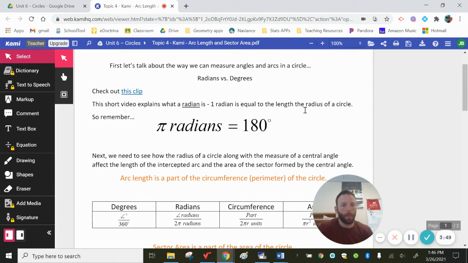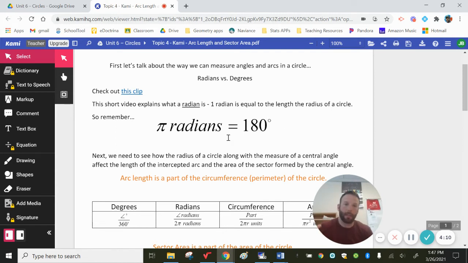And very rarely will you see a radian measure that's just like the number 1 or the number 2 or the number 3. Most often, radian angles are in terms of pi, because pi is like how much of that circle they're covering. So pi radians is exactly the same as 180 degrees.